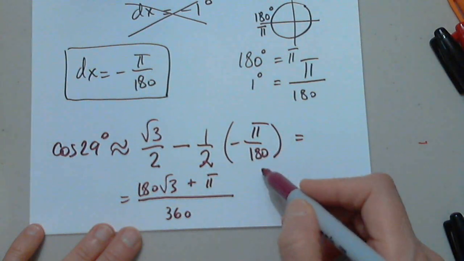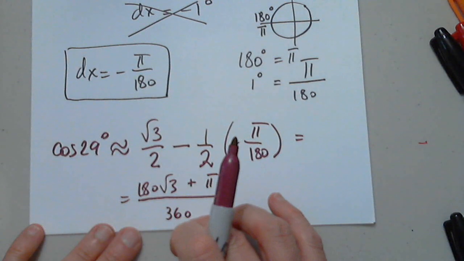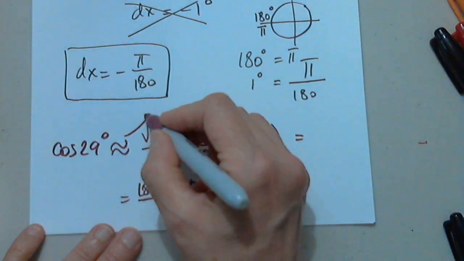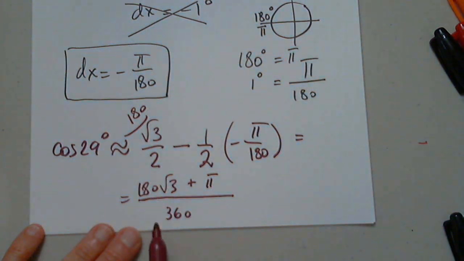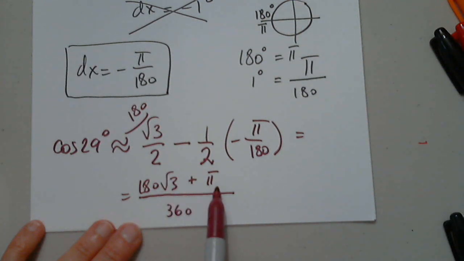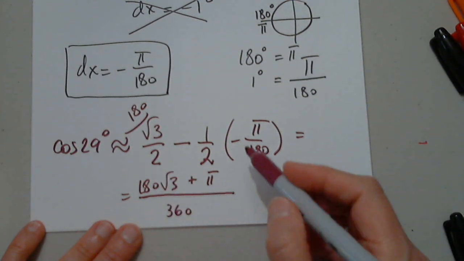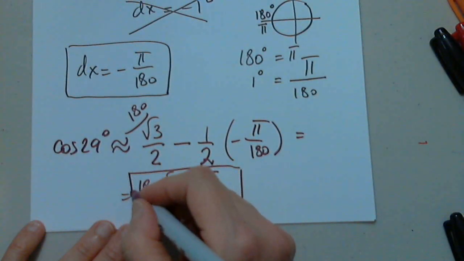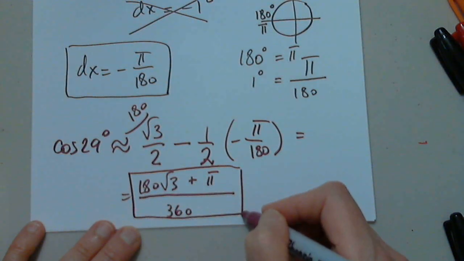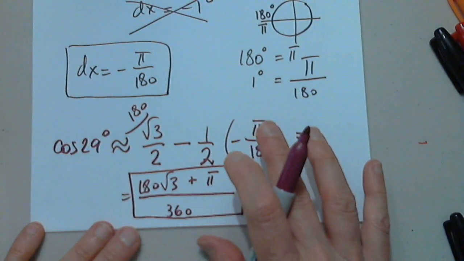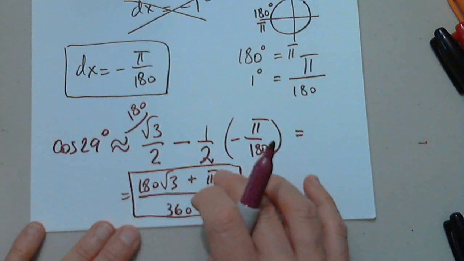Pi over 360. The least common denominator is 360. I have to multiply this by 180. So 180 the square root of 3 plus pi over 360. It has to stay as is. Please do not approximate it. The problem will state clearly, do not approximate, leave it as a fraction.